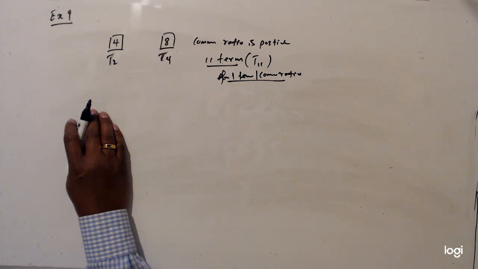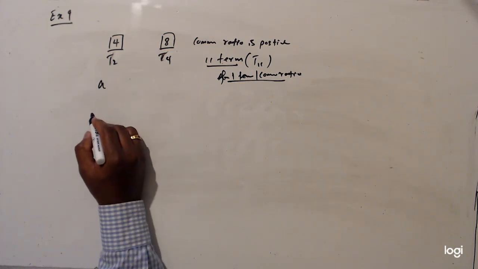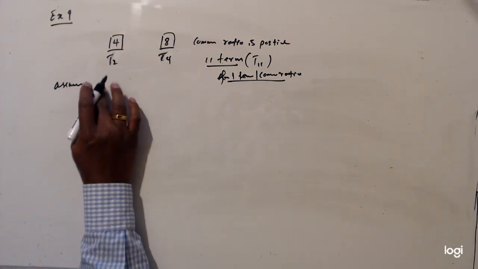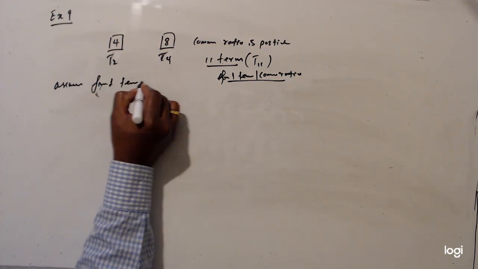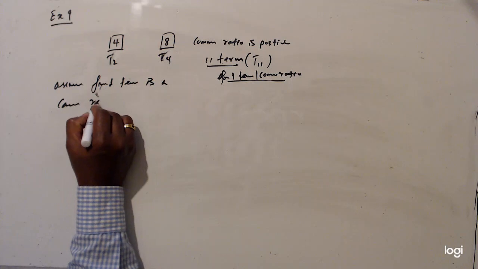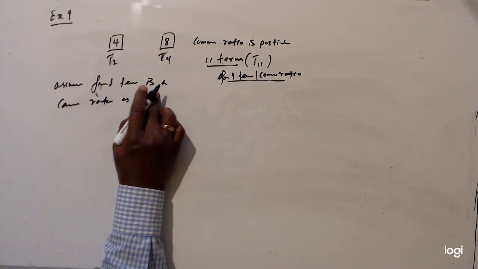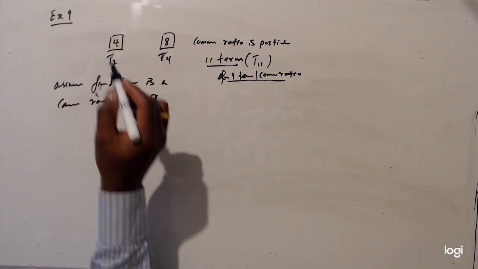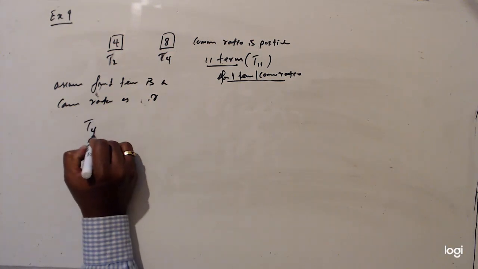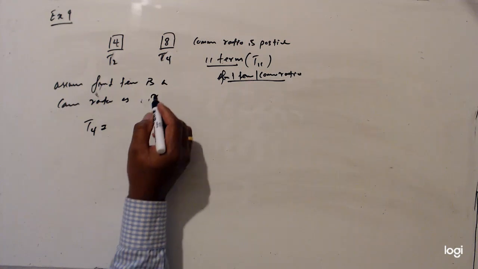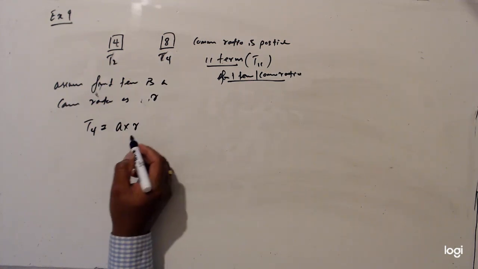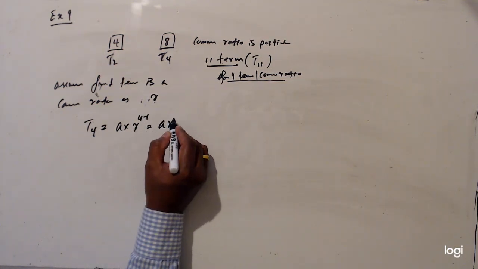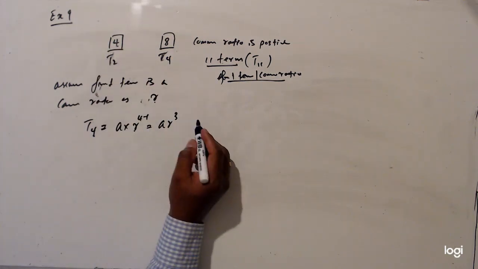Let's assume the first term is A and the common ratio is R. Then we can write the fourth term, T4, as the first term times the common ratio to the power 1 less than this, so AR cubed. That is given as 4.